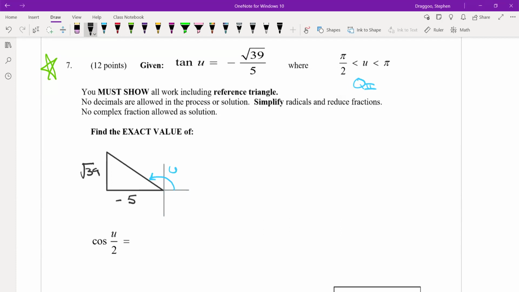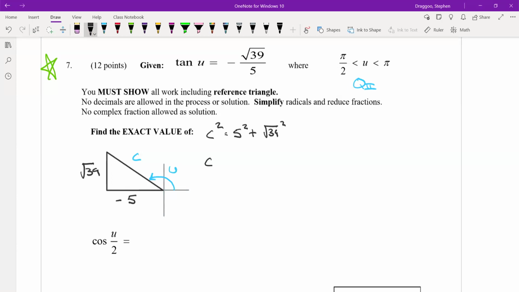So next up, I need to solve for the hypotenuse, call it c. So if I set up an equation real quick, Pythagorean theorem being the equation in question, I should get c squared is equal to 5 squared plus 39, or root 39 squared.